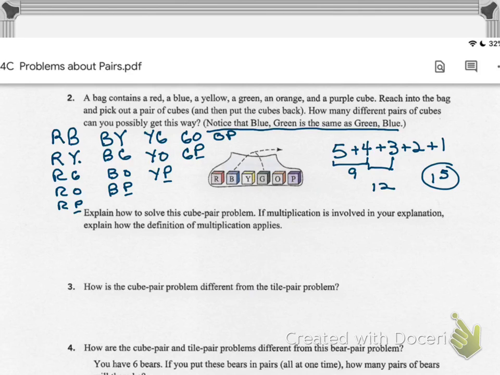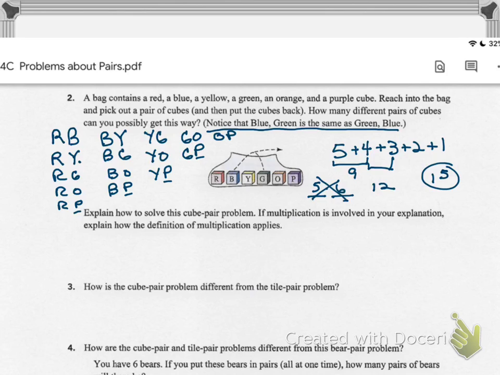Notice I can't use my 5 times 6 line method because that will overcount. It overcounts because in this situation you do not view, for example, BY as being different from YB. Therefore you are eliminating half of your options.